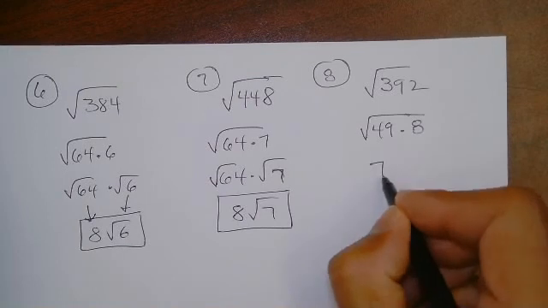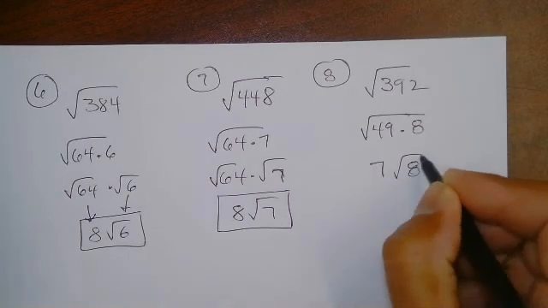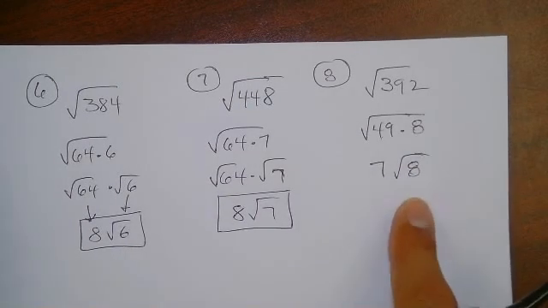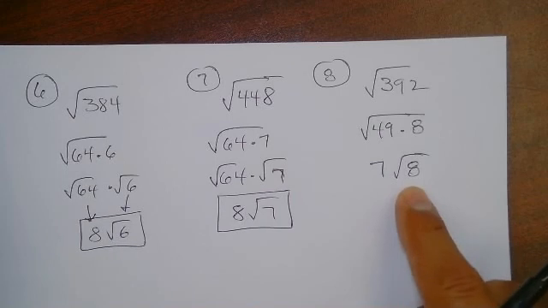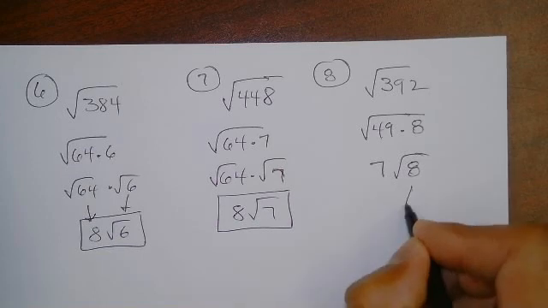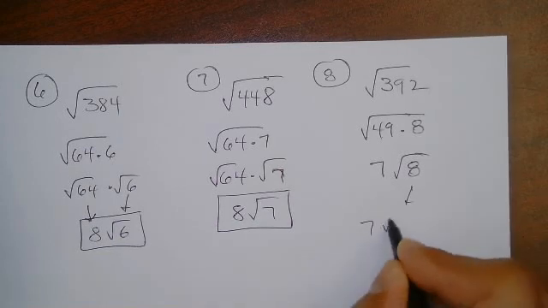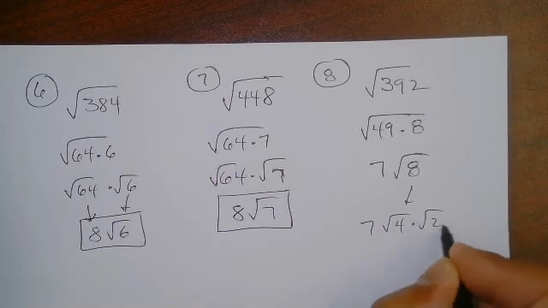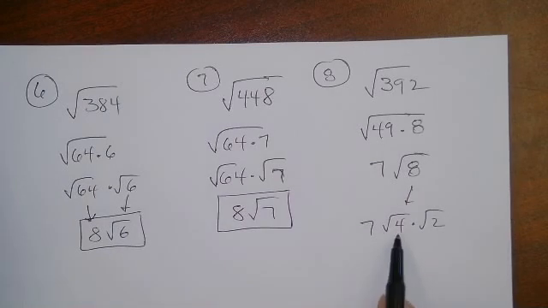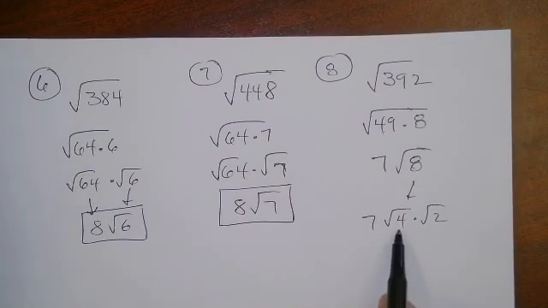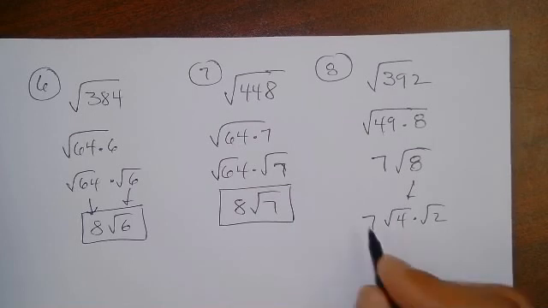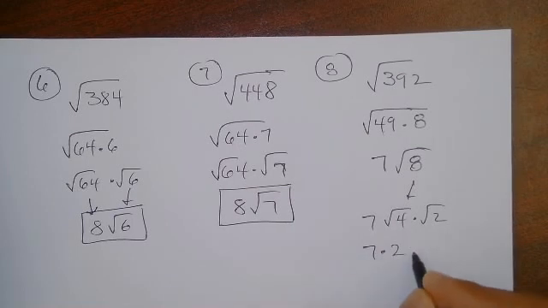Okay, let me just do it your way. You guys got 49 times 8? Yeah. Okay, so check it out. 49 times 8 works, but does everybody agree you're going to get 7 root 8? This is not the final answer, because 8 can still be simplified. So then that would be 7 times the square root of 4 times the square root of 2, because 8 is 4 times 2.